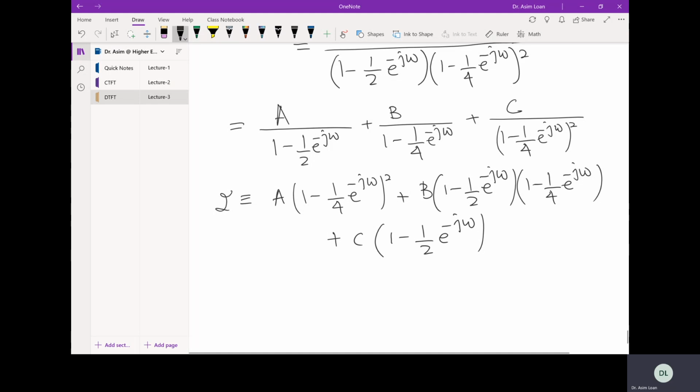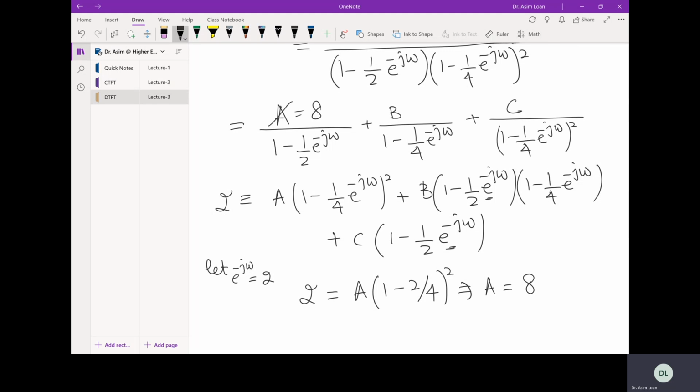So if we let e to the minus j omega equal 2, here 2 over 2 is 1, here 2 over 2 is 1, so those cancel. So this is a into 1 minus 2 over 4 square. So this implies a equals 8.